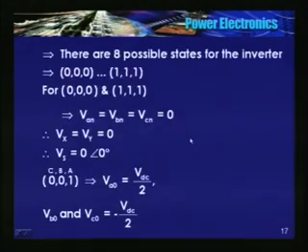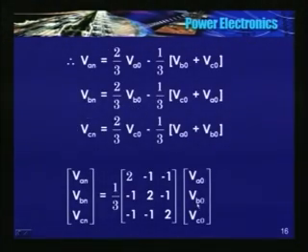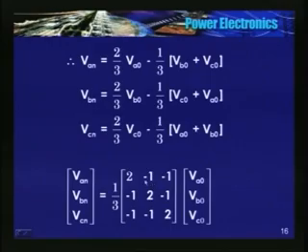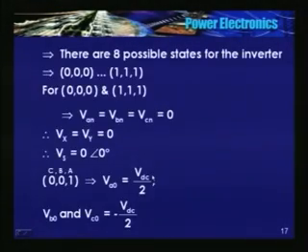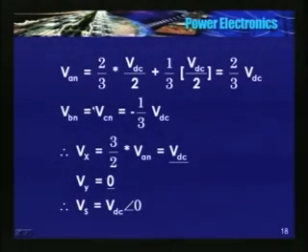See, in this matrix, I will repeat, you just substitute for Vb0 and Vc0. Vb0 and Vc0 both are equal to minus Vdc by 2, so this becomes plus. So Van is 2 by 3 Vdc, and Vbn and Vcn are minus 1/3 Vdc.